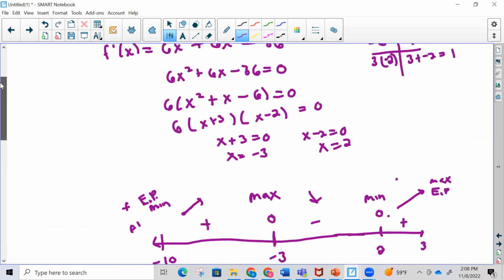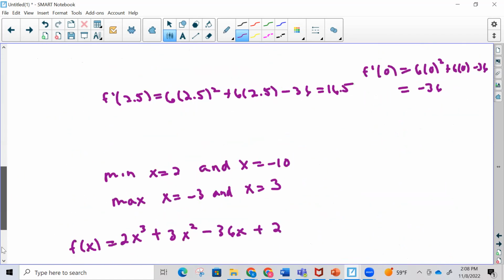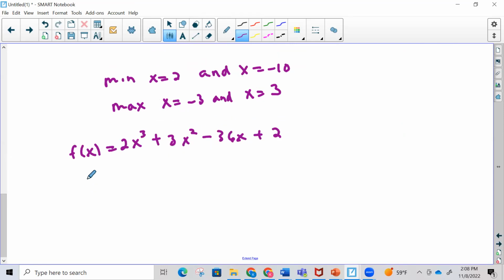Just make sure that's right. Okay, so we would have to find the y value at each of these points. We'd have to find f of 2, f of -10, f of -3, and f of 3. And one way to make this easiest is just to use your calculator and do the table.